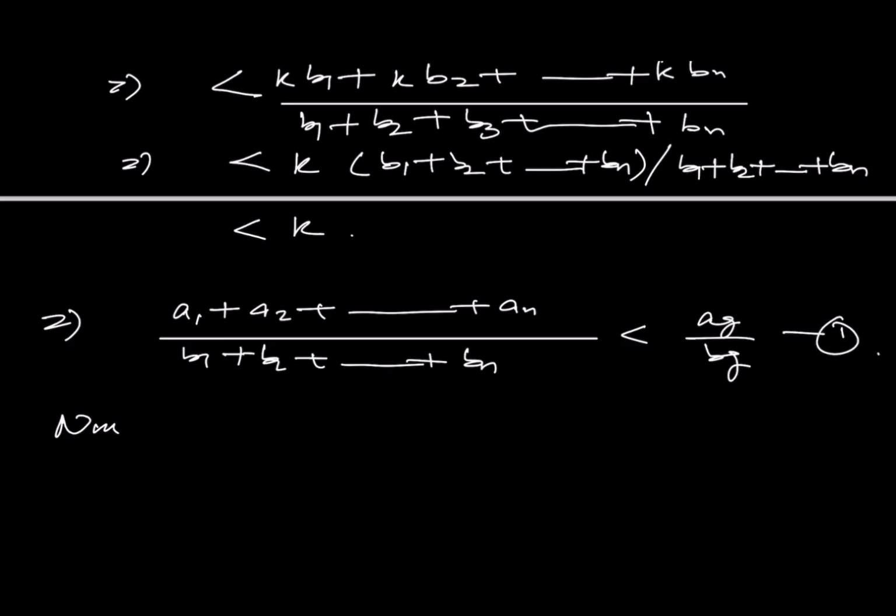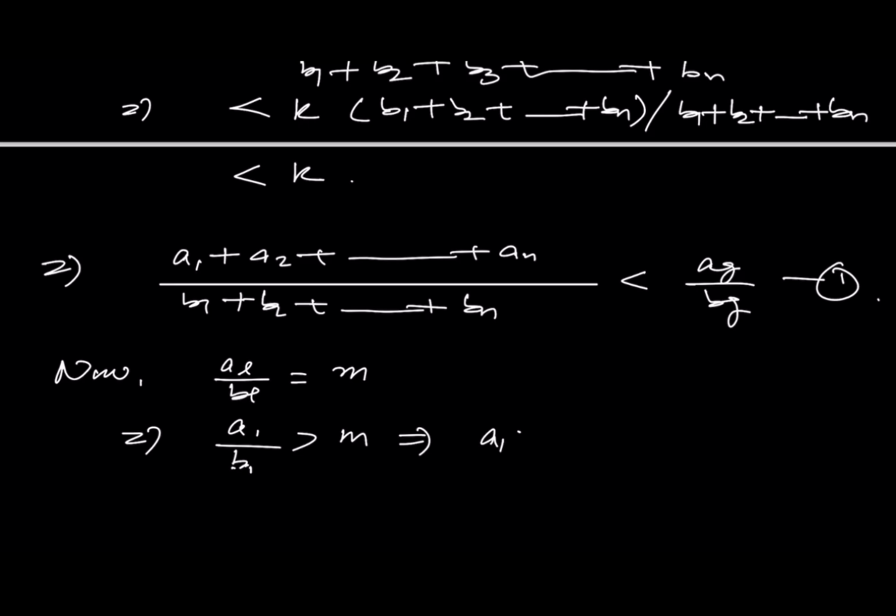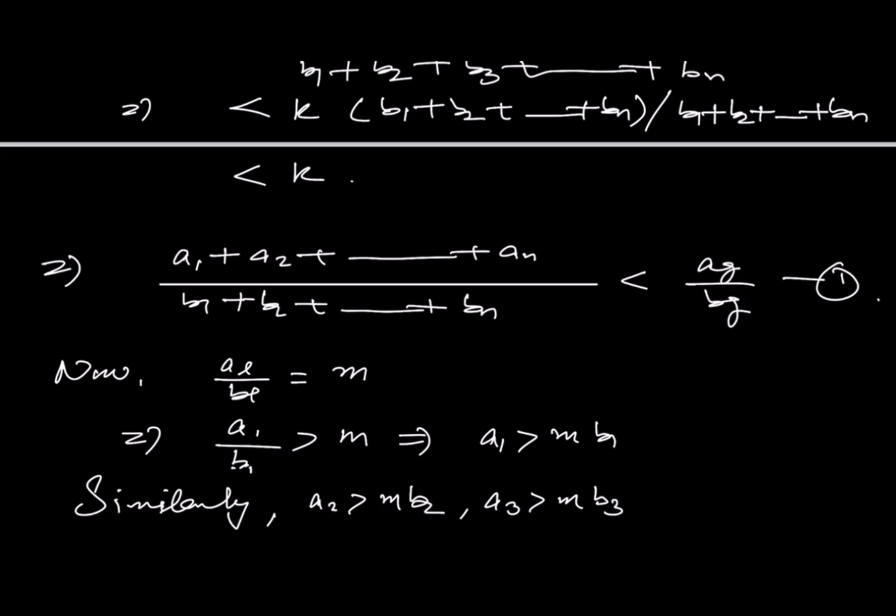Now let al/bl be equal to some m. So a1/b1 is greater than m because al/bl is least, right? So a1 is greater than mb1. Similarly, a2 is greater than mb2, a3 is greater than mb3, and so on.